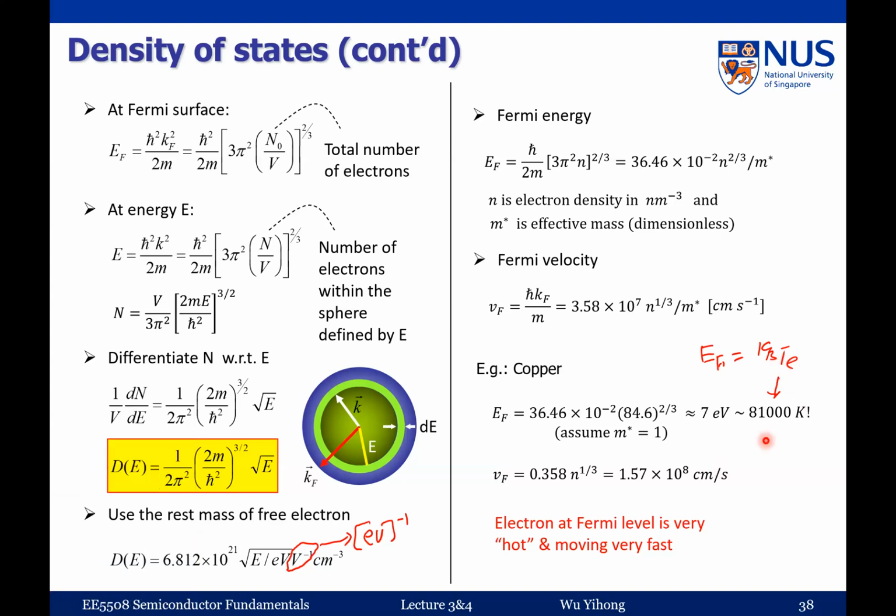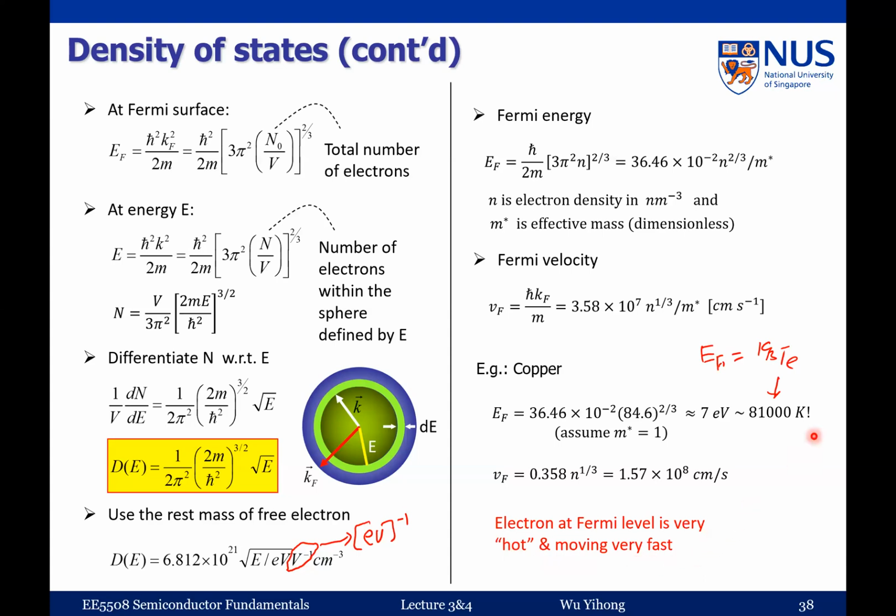So electrons are very hot inside the metal. That's the reason why electrons move at a very fast speed in the metal. For example, for an electron on the Fermi surface, you can see this is the speed. It's very high. So the picture is that electrons are very, very hot in the metal, and they're also moving very fast inside the metal.